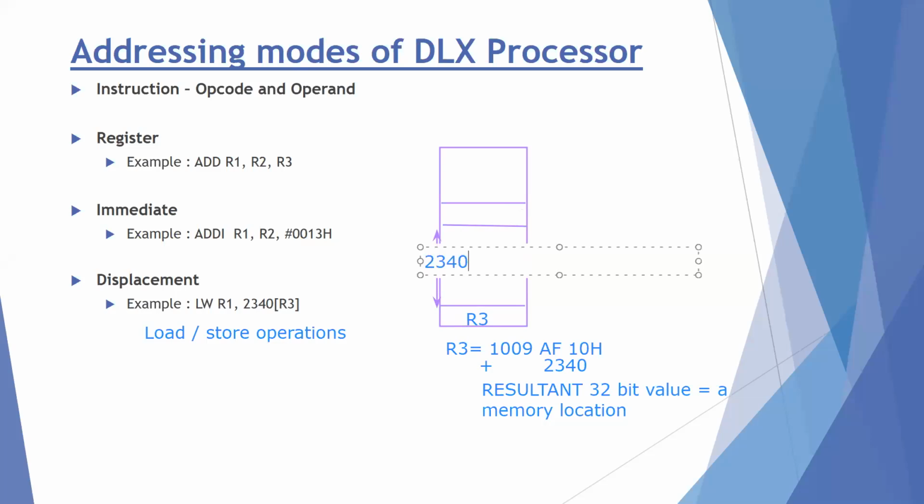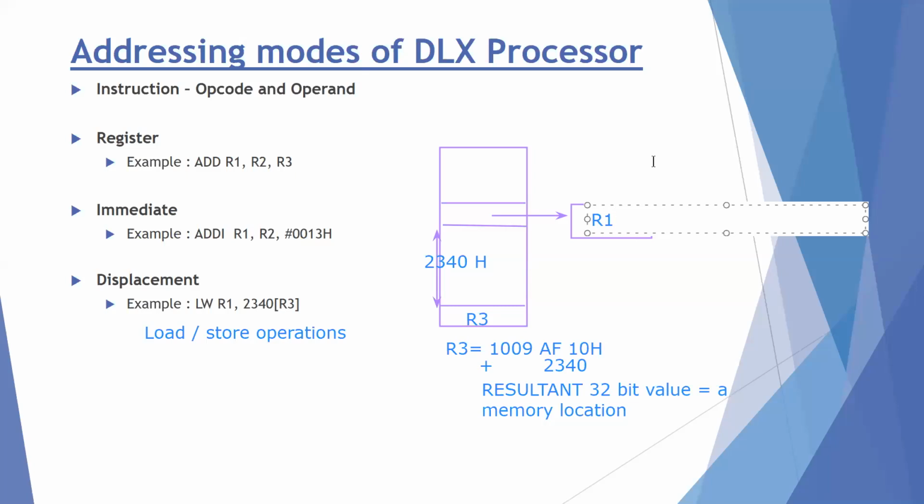Does everyone understand? Yes. Now we have to load the data from here, right? So we want to pick up a word of data starting from here and load it into a register which is R1 right now. We'll do this again in the instruction set also, just to let you know.